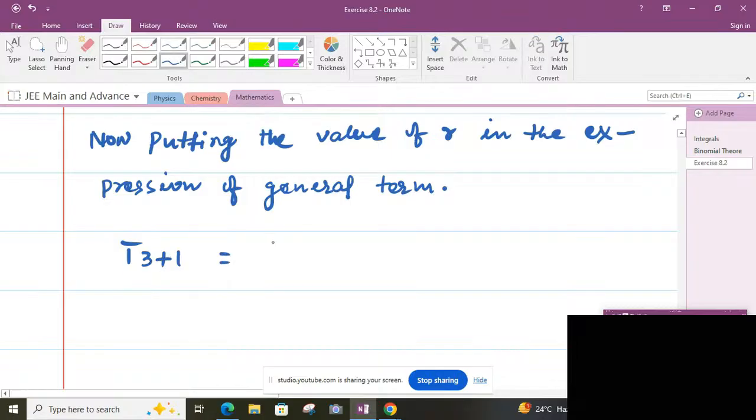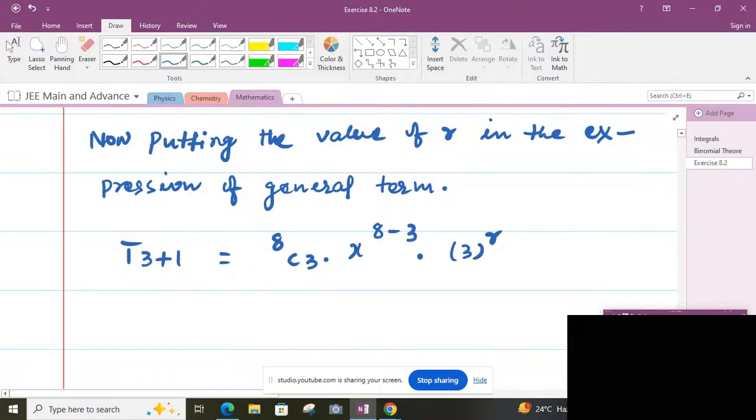T 3 plus 1 equal to 8C3 into x to the power 8 minus 3 into 3 to the power 3.